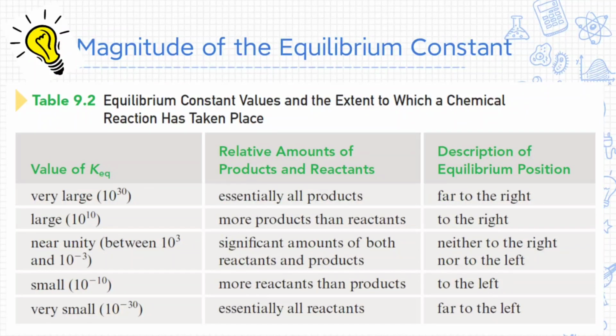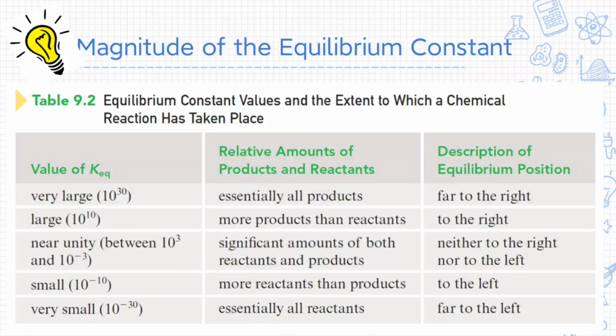So, this next slide naman, just to give you an idea on the extent to which the chemical reaction has taken place due to your equilibrium constant values. Okay? You don't need to memorize all of this. Kasi obvious naman na if your value for your equilibrium constant is very, very large, umabot na ng millions, ng billions, ibig sabihin, sobrang layo niya na. It is too far to the right.